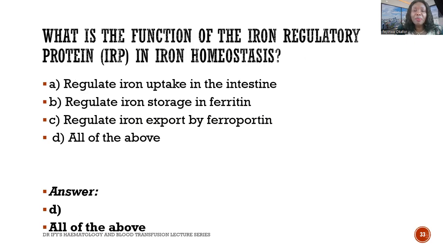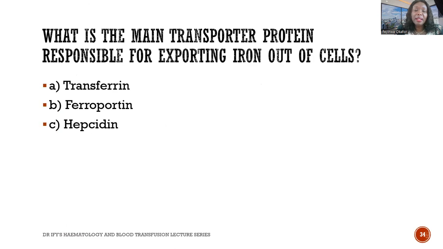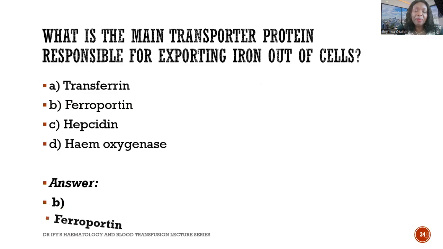Iron regulatory proteins are involved in regulation of iron uptake in the intestine, iron storage in the ferritin, and iron export by the ferroportin. What is the main transporter protein responsible for exporting iron out of cell? Transferrin, ferroportin, hepcidin, heme oxygenase. Answer B, ferroportin.